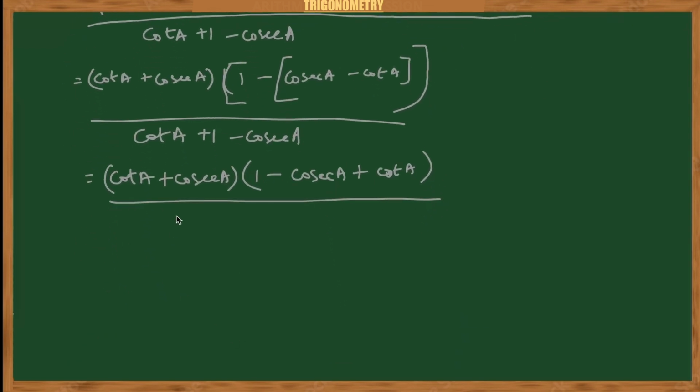The denominator we will write as cot A plus 1 minus cosecant A.